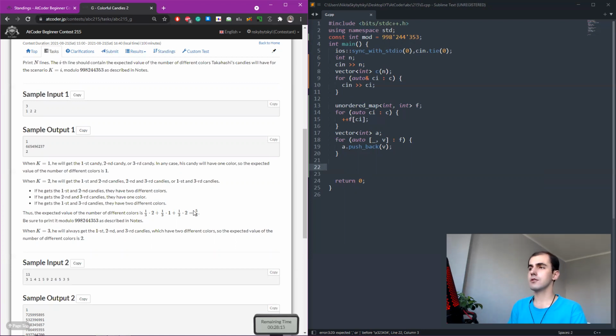So what I'm trying to think about is the following. Why do we get not K colors out of K candies? Because some colors coincide, right? What's the probability that two colors will coincide?